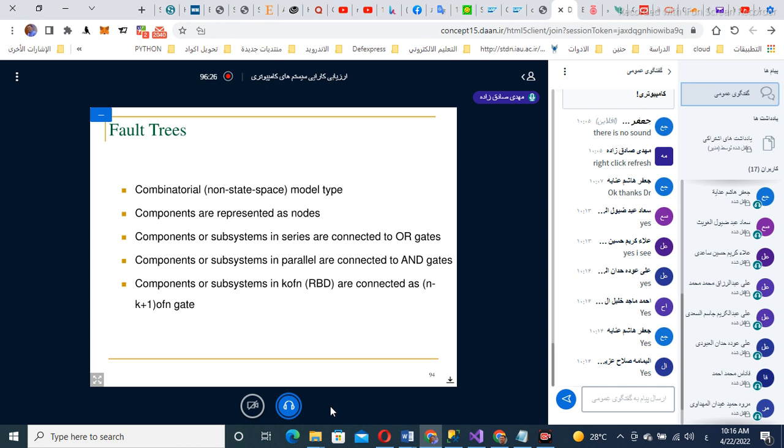Components or subsystems in parallel are connected to AND gates. So series we use OR, parallel we use AND. Components or subsystems in a K of N reliability block diagram are connected as N-K+1 of N gates.